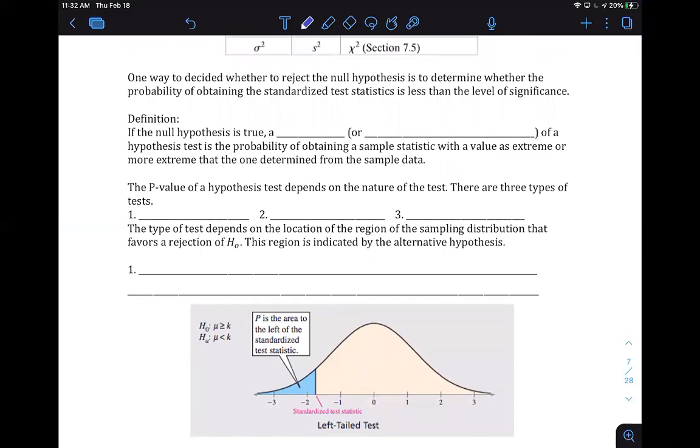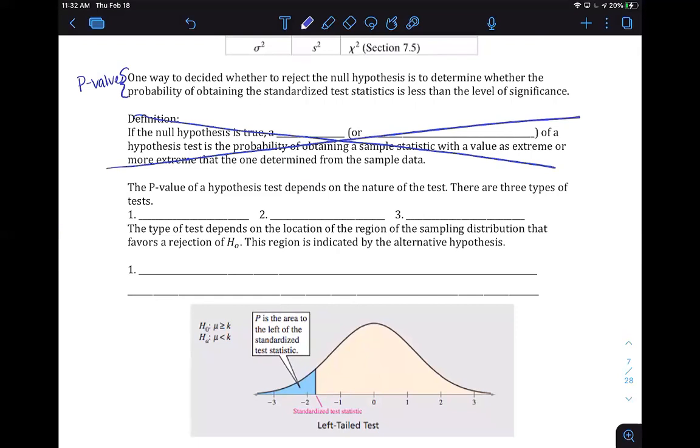So this method is the p-value. That's what we're not going to be doing. We're going to be looking at rejection regions, which is a little bit more visual, makes it a little easier to understand. But if the null hypothesis is true, that's p-value. Sorry, I thought I cut everything we needed to cut.